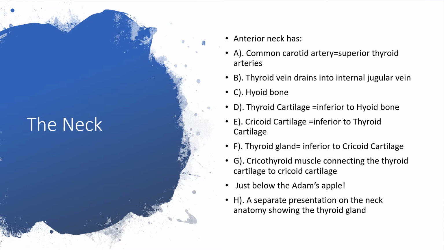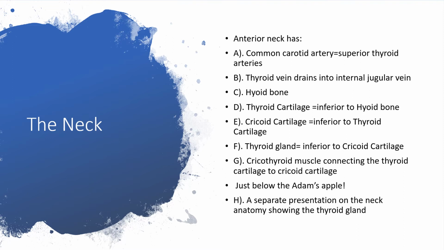We are going to locate the hyoid bone, and with that, we'll be able to make some landmarks. Because thyroid cartilage is inferior, that is, caudal or below the hyoid bone. Cricoid cartilage is inferior or caudal to thyroid cartilage. The main gland we're concerned about, the thyroid gland, is inferior to cricoid cartilage.